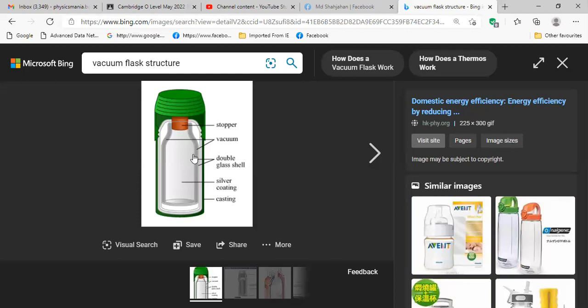In our school also, in the tea corner, we have a flask. Have you seen? Yes. So we have this flask in everyone's house. It's a container where we try to stop or reduce the process of heat transfer.